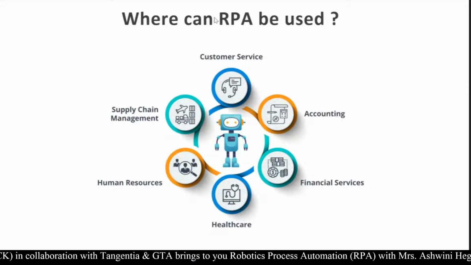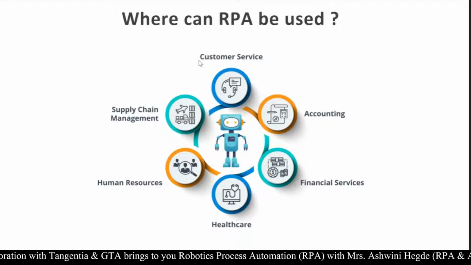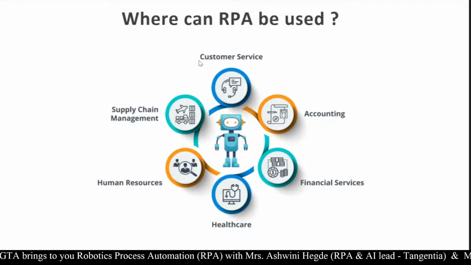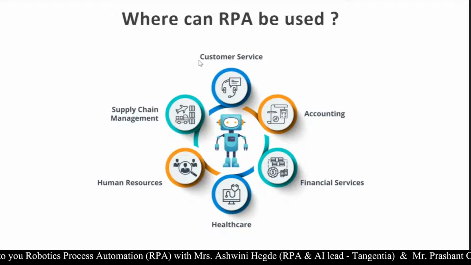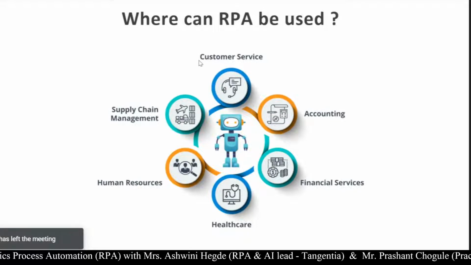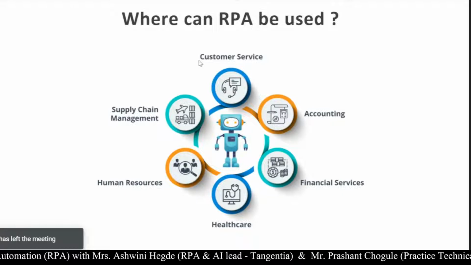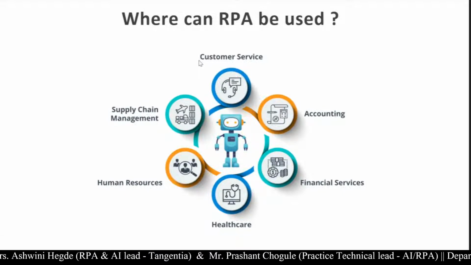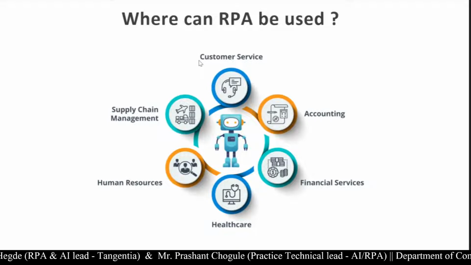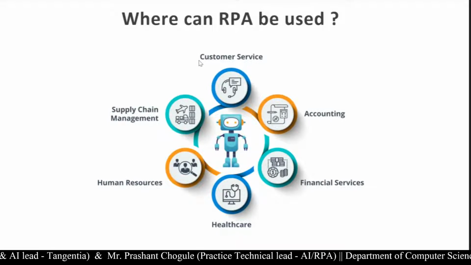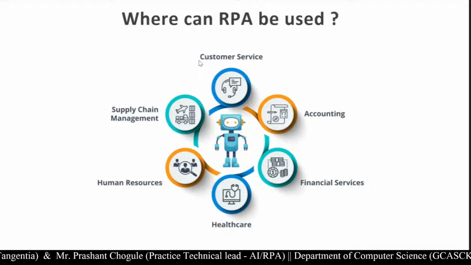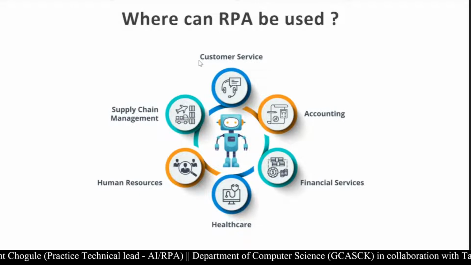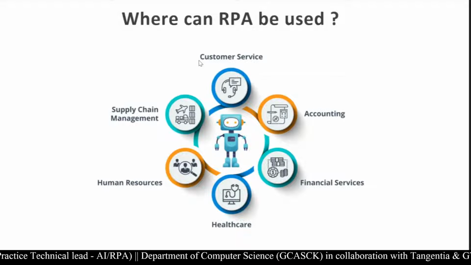Now, let's say, for example, customer service. A very, very typical example of RPA here is the banks. Let's say you have lost your bank card, and then you call up your service center, the bank customer service center. They ask you your bank number or your account number or whatever, and they put you on hold for a few seconds or minutes, right? What they do internally is they take your details and put them to the bot.